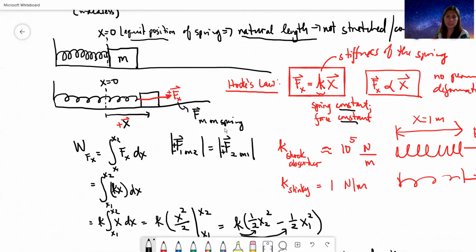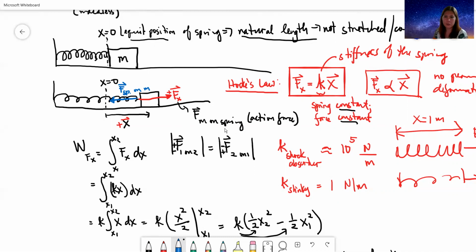So in this case, the interacting objects are the mass and the spring. It's the M here and the spring. So if this is the action force, then the spring will react, with the same strength, so equal length but opposite direction. So this is now F spring, and this is of course on the mass. Equal in strength but opposite direction.